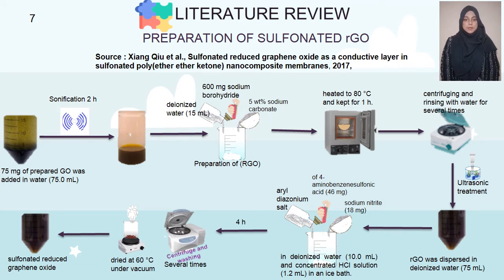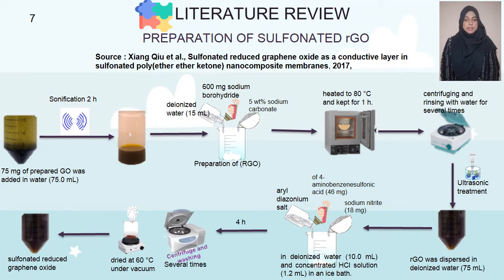First, 75 mg of the prepared GO was added in 75 ml of water. After sonication for 2 hours, a brown dispersion of graphene oxide was formed. Then, 5% weight of sodium carbonate was added into the dispersion to adjust the pH value to between 9 and 10.